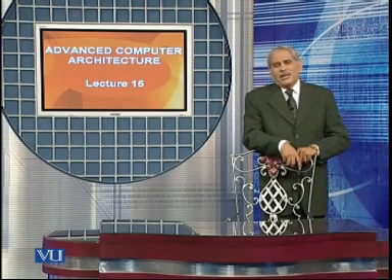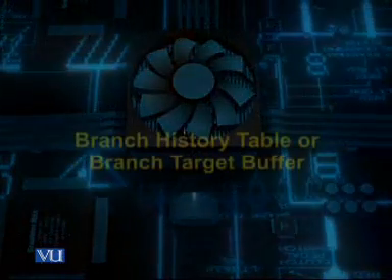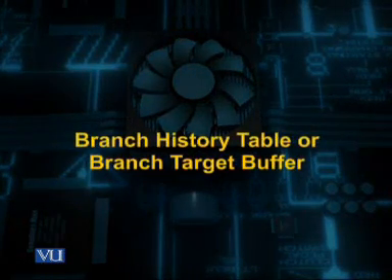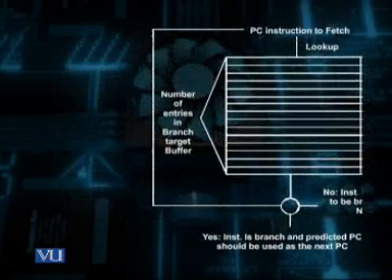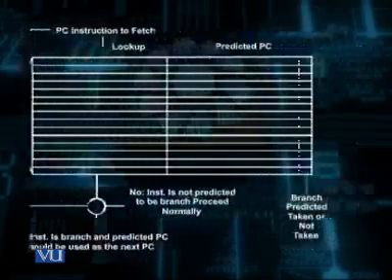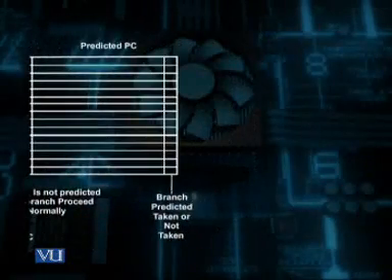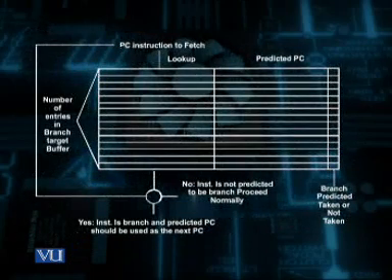These correlating branches can be further taken into consideration by enhancing the branch history table by introducing the target branch address into it. The block diagram for the branch history table with the target buffer is shown over here, where you can see that this arrangement is divided into three fields.